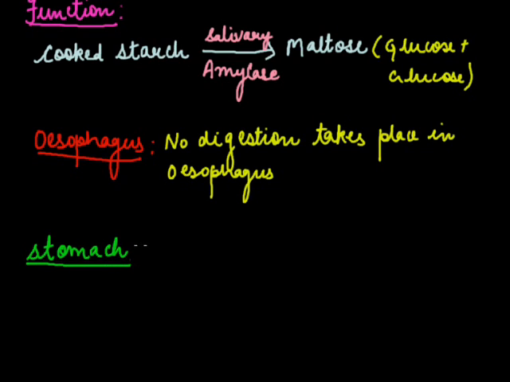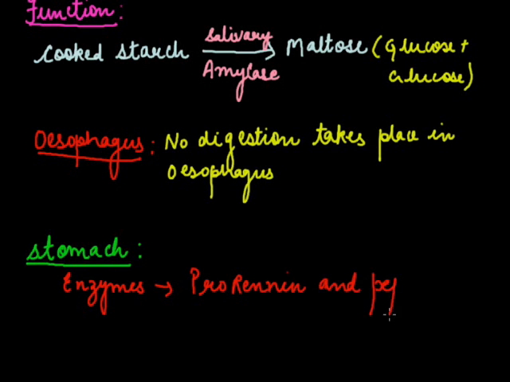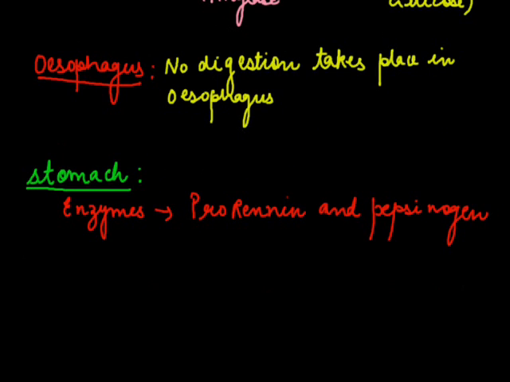In the stomach, we have already discussed the enzymes which are secreted are prorenin and pepsinogen. This prorenin and pepsinogen are secreted in inactive form.